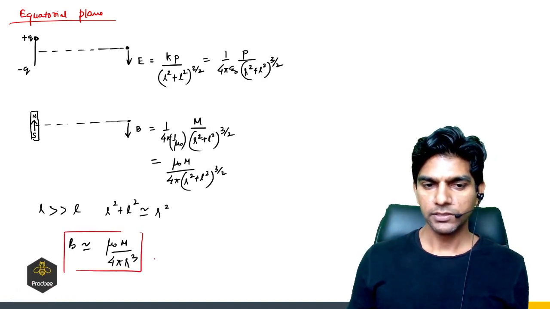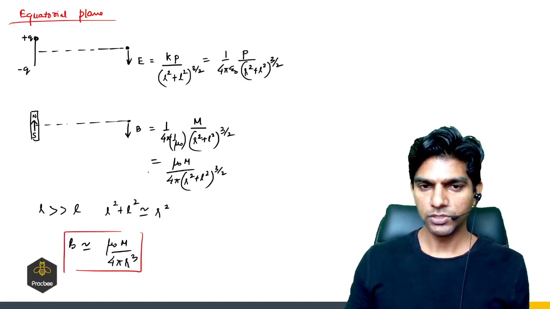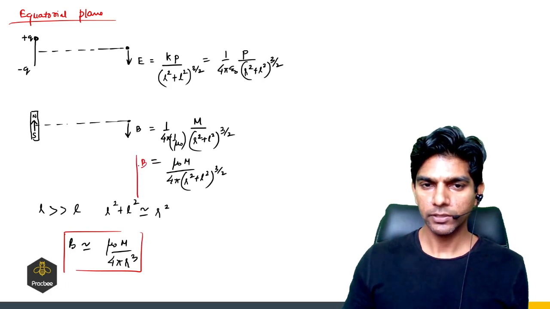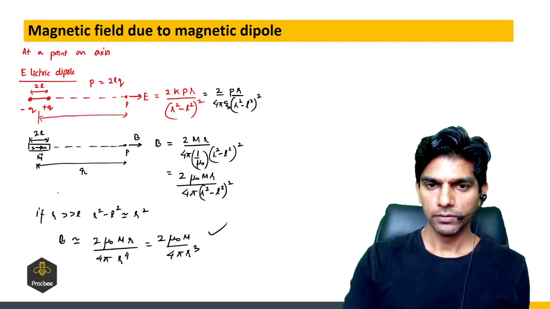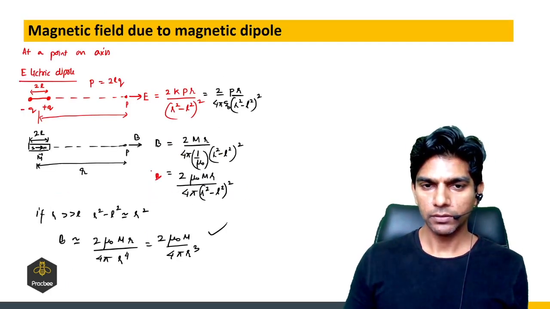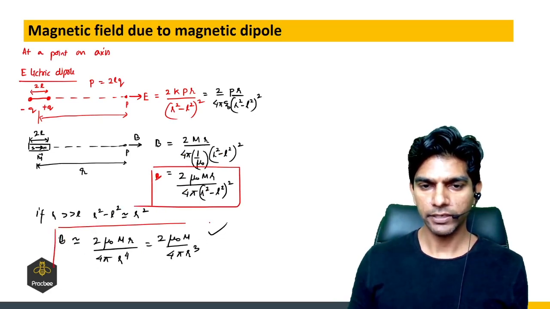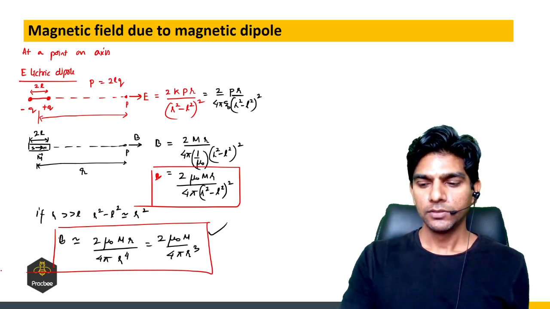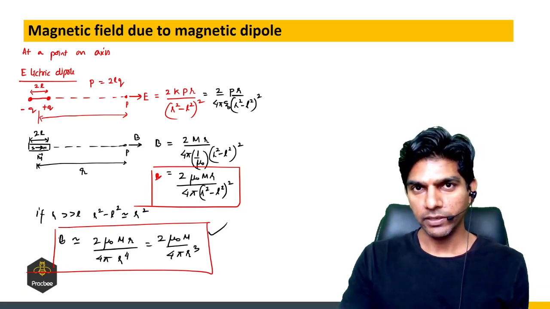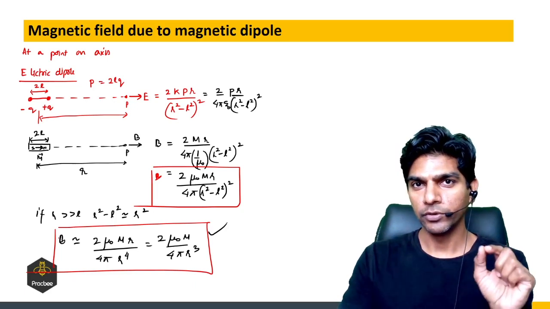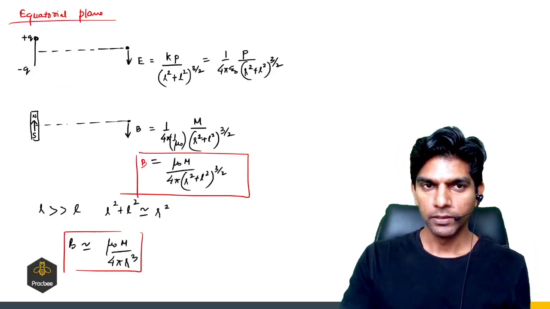This one is the assumption based formula, and this one is the general formula. I hope you know how to find the magnetic field at a point P on the axis and a point P on the equatorial plane.